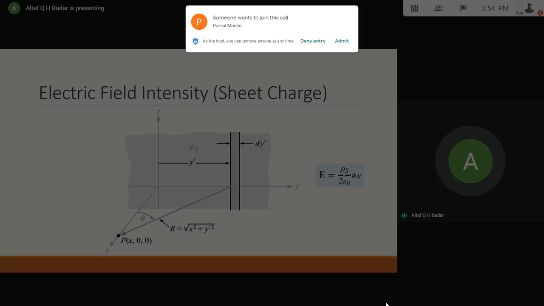In a sheet charge, what we assume is we already have a z-axis, and we find again electric field intensity because of that line, and then that line is integrated. So what we assume here is that the sheet is placed on the YZ plane, and you know already how the electric field intensity because of line charge was found out.